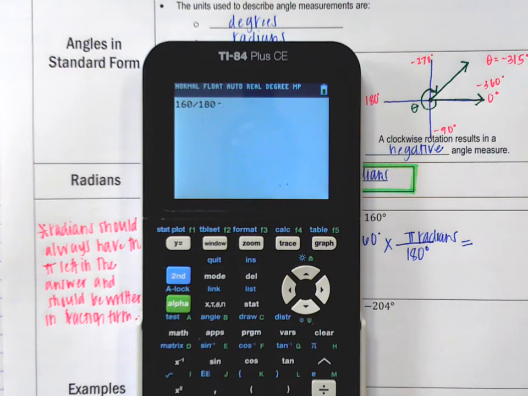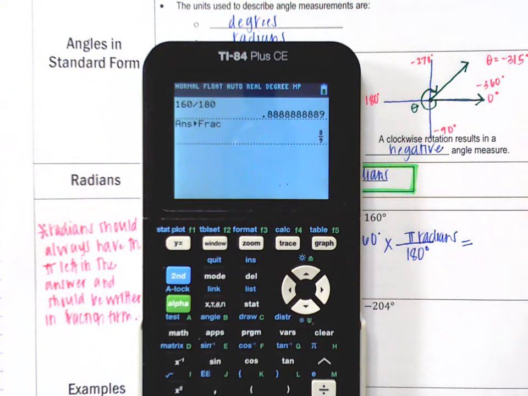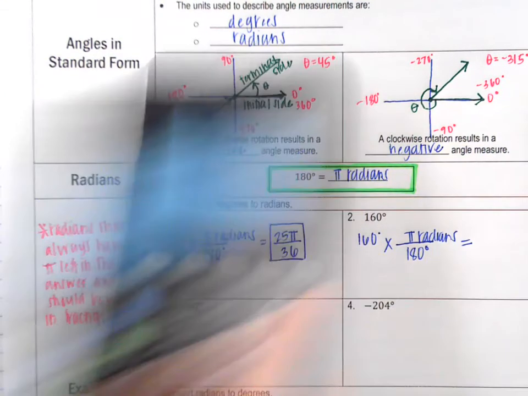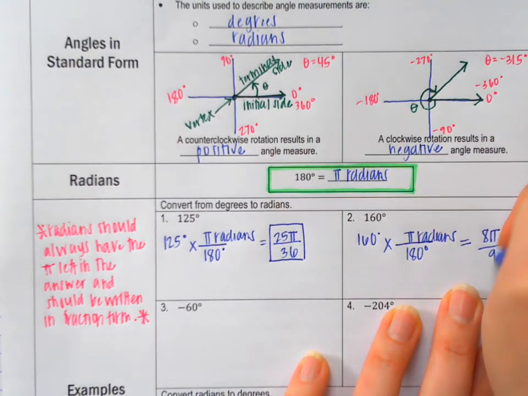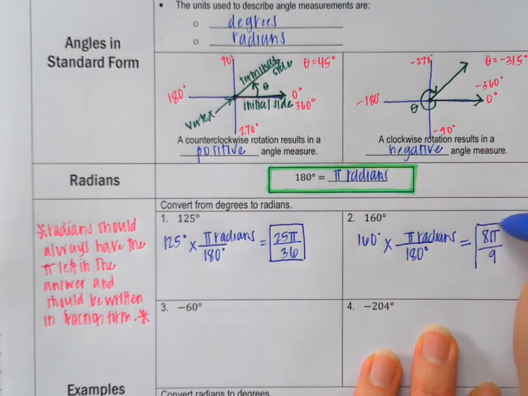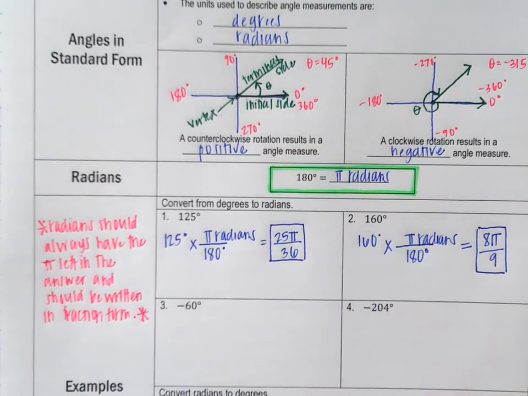Divided by 180. Oh, sorry. And then convert it to a fraction in its simplest form. So 8 over 9. So that means my answer is 8 pi over 9. So 160 degrees is the same as 8 pi over 9 radians.